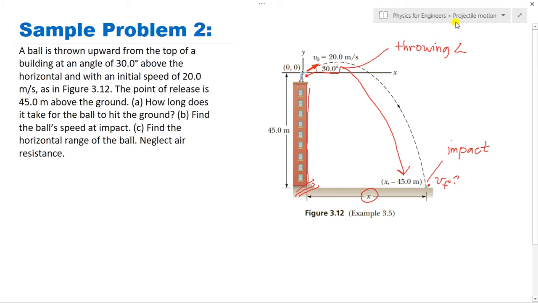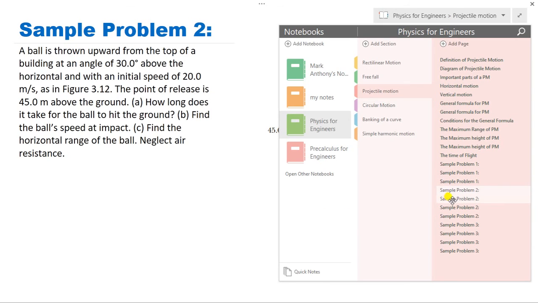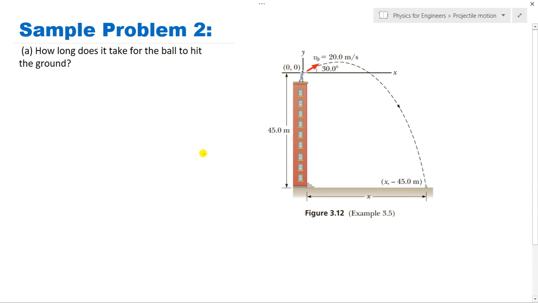So, let's try to solve for letter A. It says, how long does it take for the ball to hit the ground? So our required here is t. In solving for t, there are many ways.